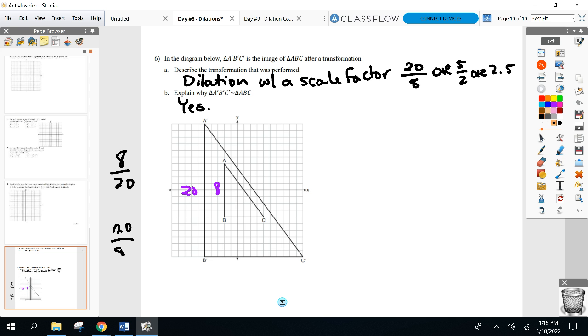But there is one thing we know about dilations. They may not preserve distance or side length, but they do preserve what? Angle measure. Angle measure, and that gets them similar, all right? So dilations preserve angle measures.